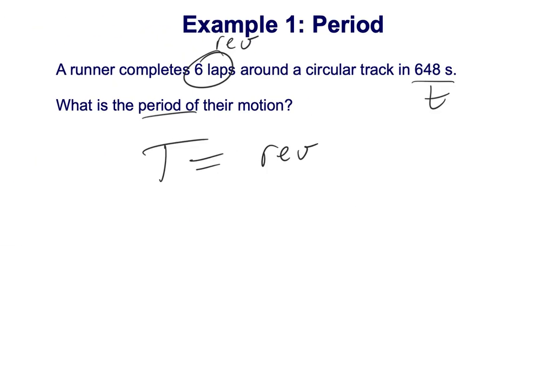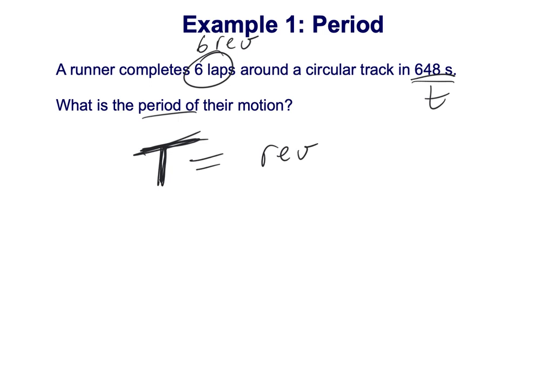Okay, in this problem, a runner completes 6 laps. So he does 6 revolutions around a circle path in 648 seconds. So that's the time it takes to do 6 revolutions. I want the period. Period is the time it takes to do 1 revolution.